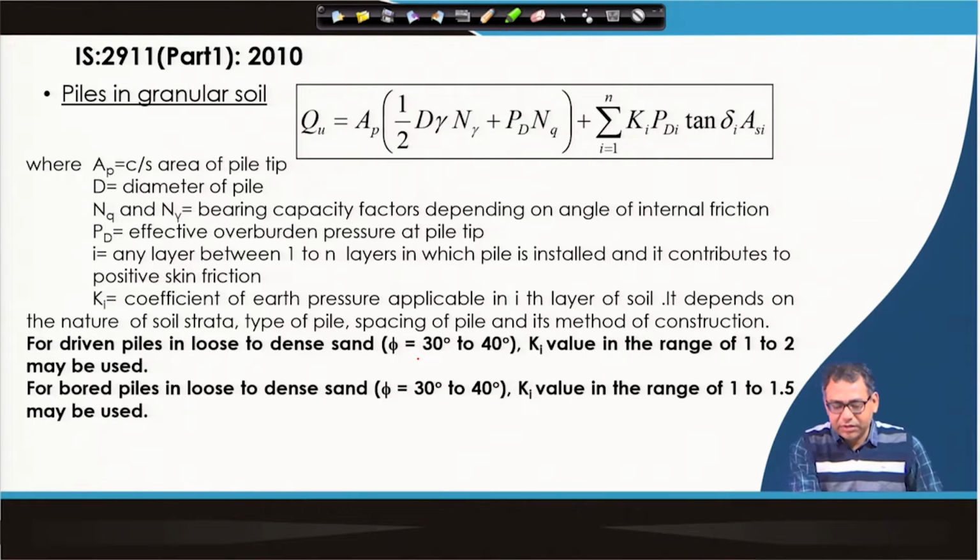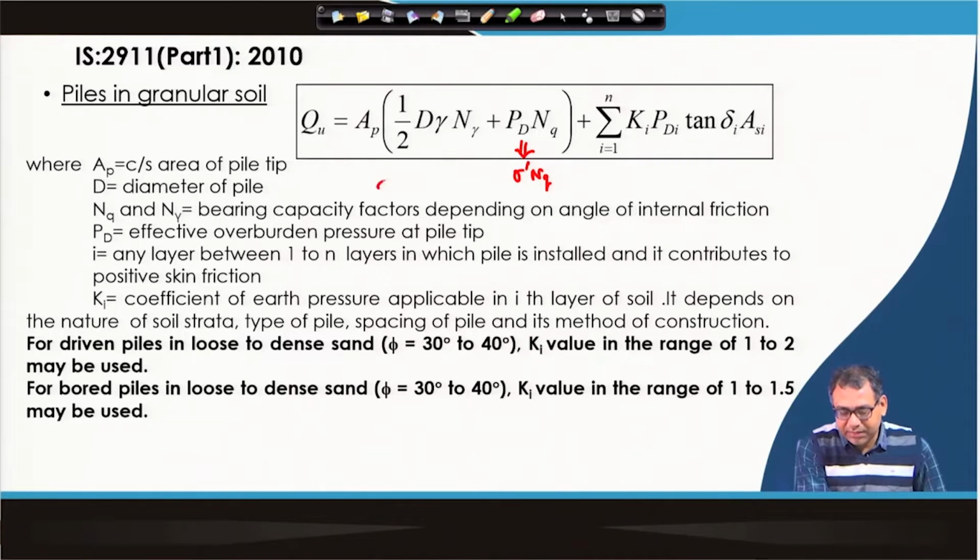This is the equation. The second part that we are right now using is sigma dash into NQ, which is similar to PD into NQ, and then the third part is half d gamma N gamma, which you have to use if you follow the IS code recommendation. The other is the summation of the friction resistance.